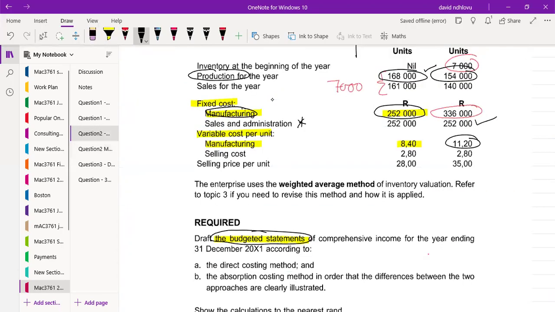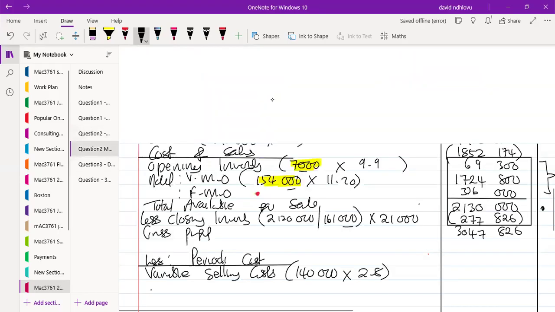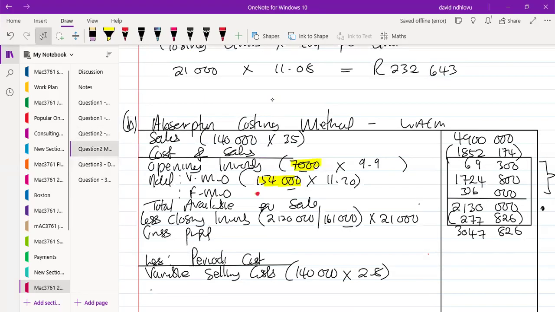Right, same as what we calculated before. We sold 140,000 units, which is the sales, and the selling cost per unit was 2.8. So therefore we say 140,000 by 2.8, we are going to have 392,000.